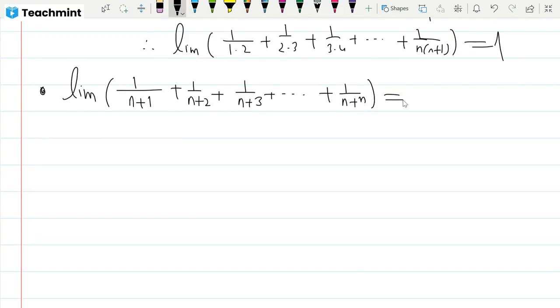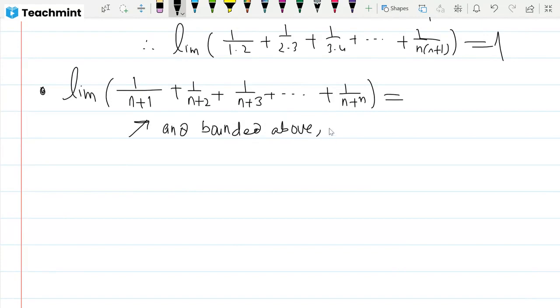What is the limit of this sequence? Please check, this sequence is increasing and bounded above.